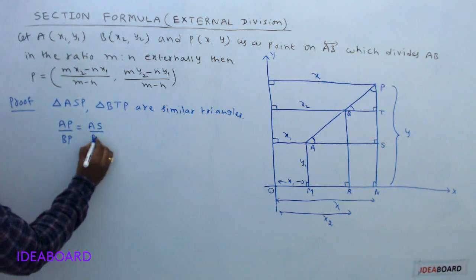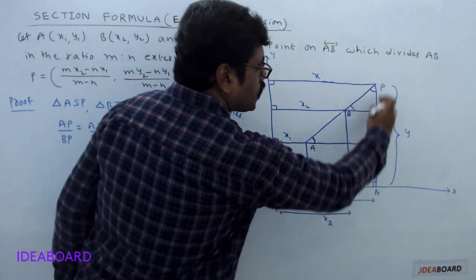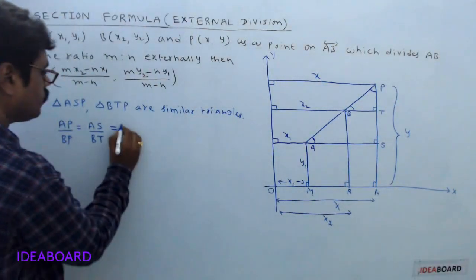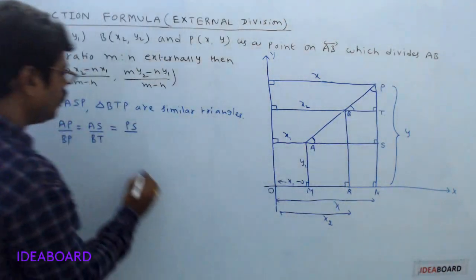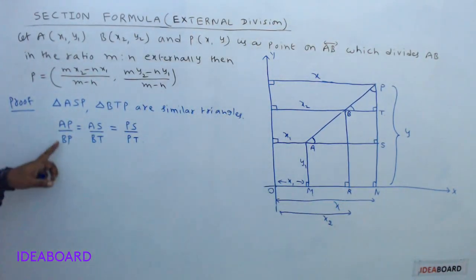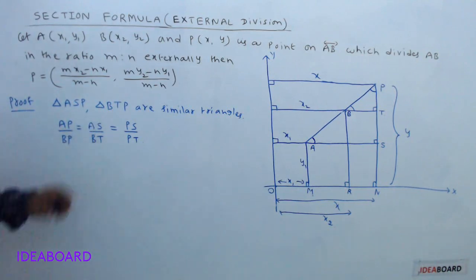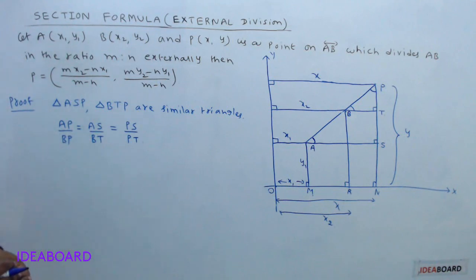AS divided by BT equals, so height of this triangle will be PS divided by height of this triangle will be PT. So AP divided by BP equals AS divided by BT equals PS divided by PT.